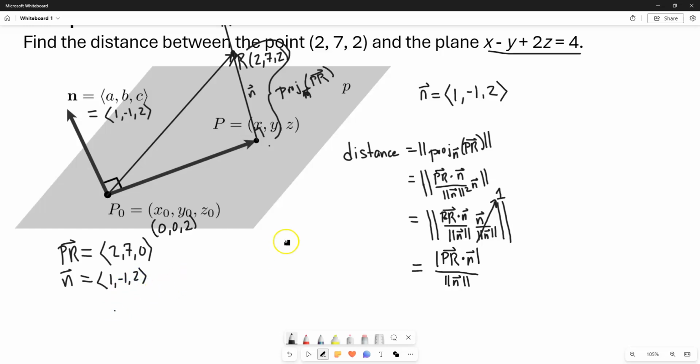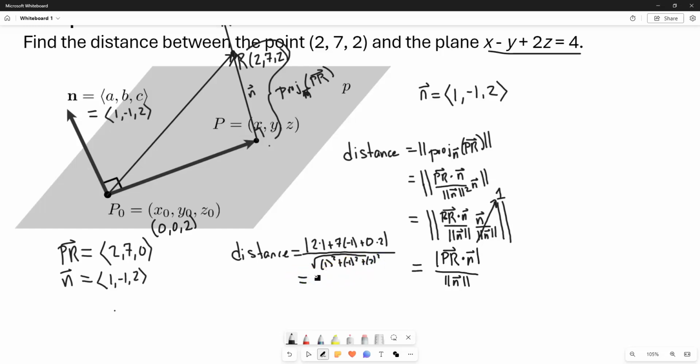And so now we can find the distance using the dot product and the magnitude of the normal, because we're talking about the projection. The absolute value of PR dot n is going to be 2 times 1 plus 7 times -1 plus 0 times 2, divided by the magnitude of n, which is the square root of 1 squared plus -1 squared plus 2 squared.